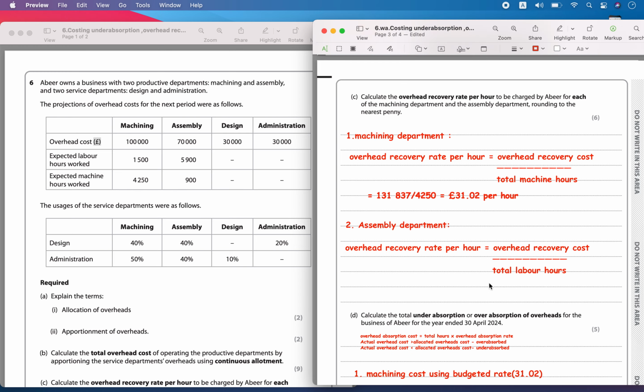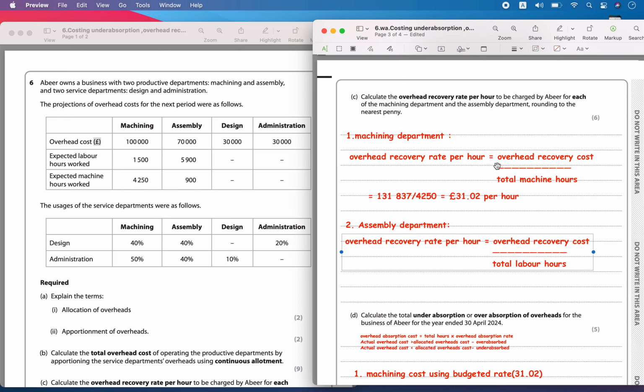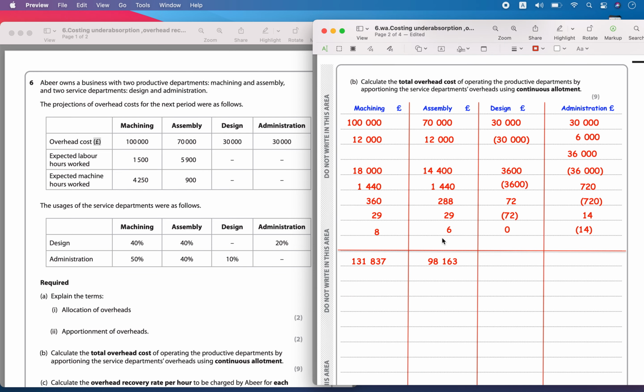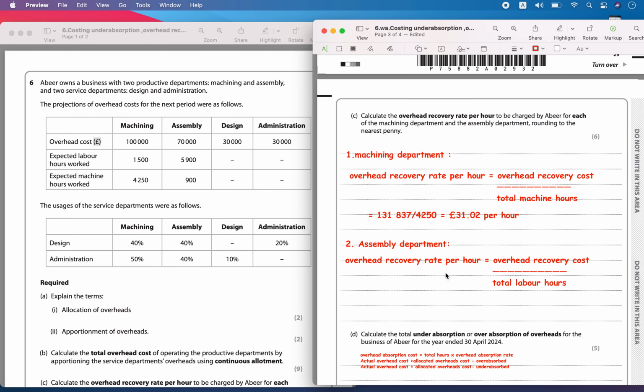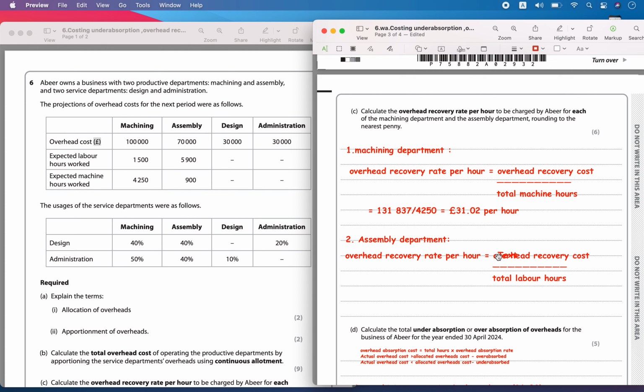Then for the assembly department, the total overhead cost is 98,163. Okay, this is the total overhead cost, which we had calculated from the continuous allotment.